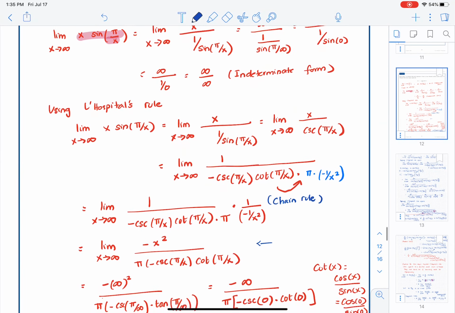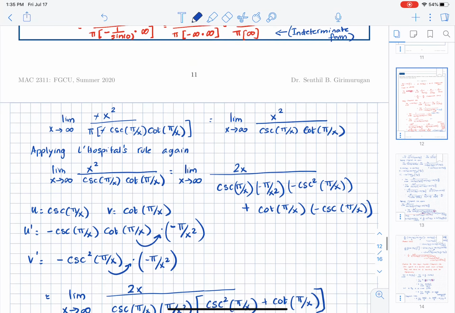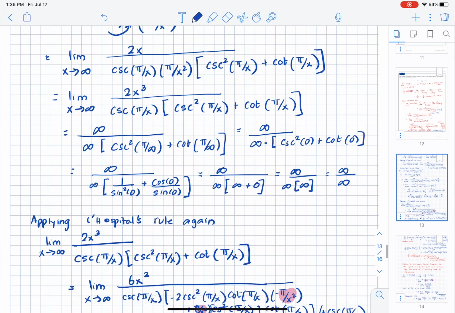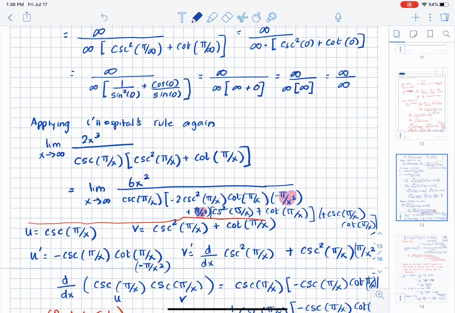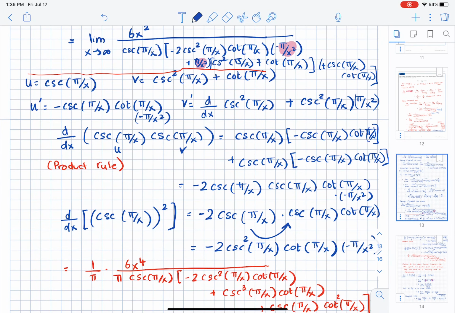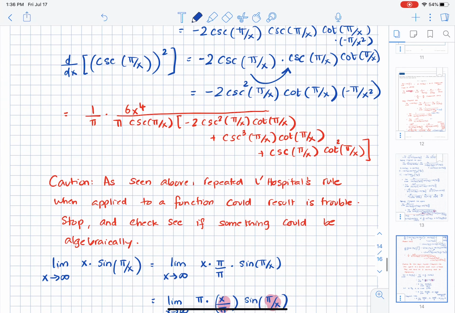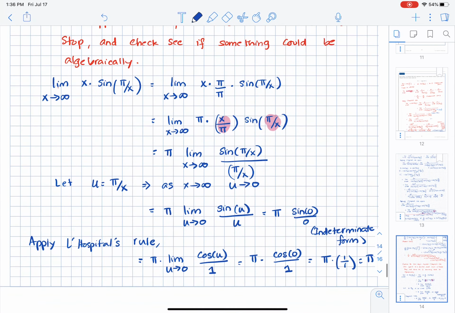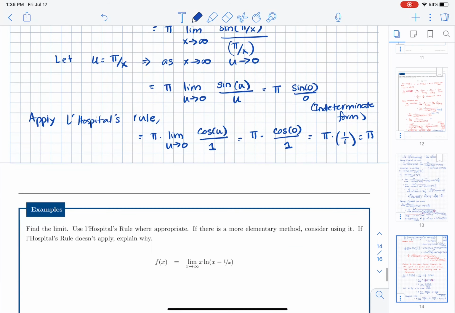So if things are getting harder and harder as you move along, you have to stop and ask yourself, did we miss something that could have avoided all this trouble? Perhaps there's an algebraic trick. And that's exactly what I did here, and it took me only a few steps to get to the limit of pi. So keep this cautionary tale in mind.